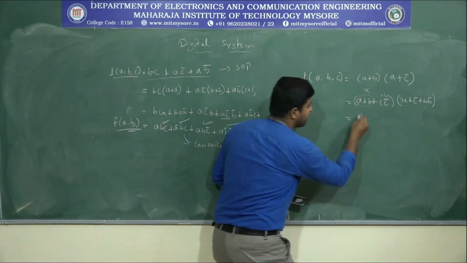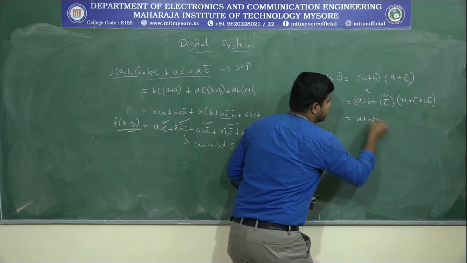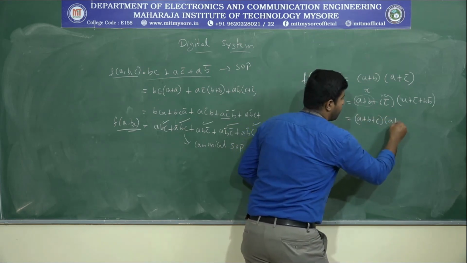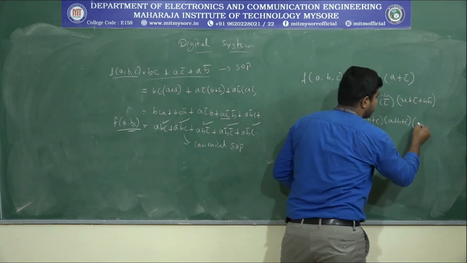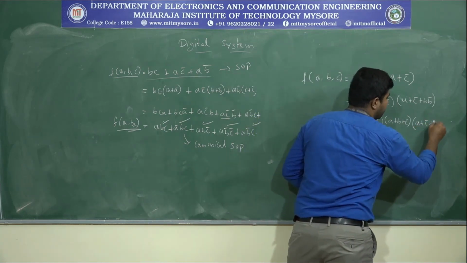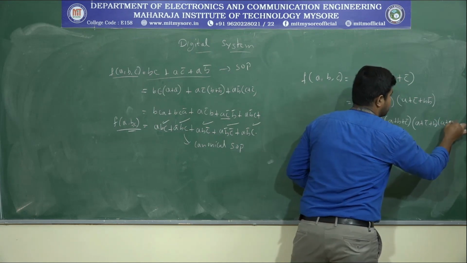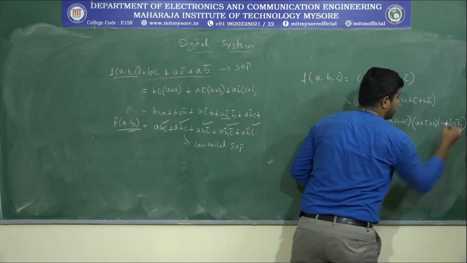Applying that, we can write a plus b plus c and then a plus b plus c bar, and like this again a plus c bar plus b, a plus c bar plus b bar.